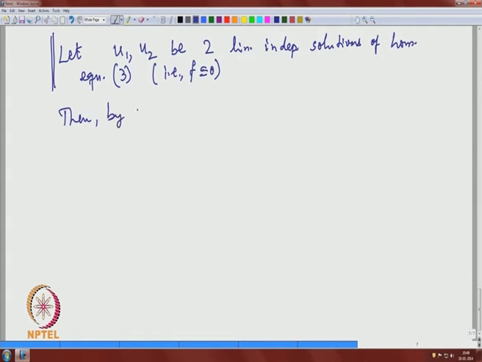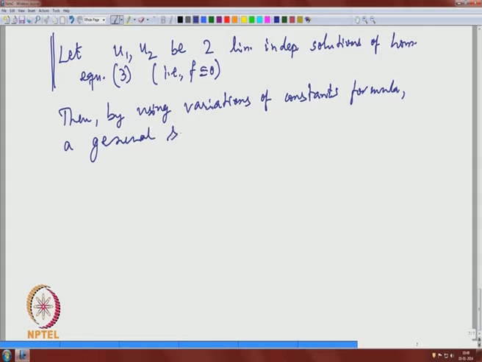Then by using the variation of constants formula, a general solution of 3 is given by.